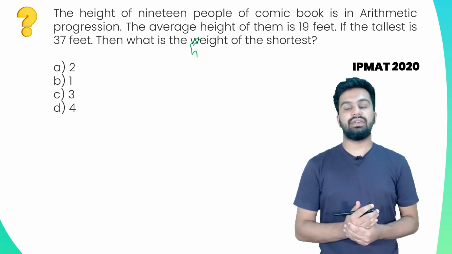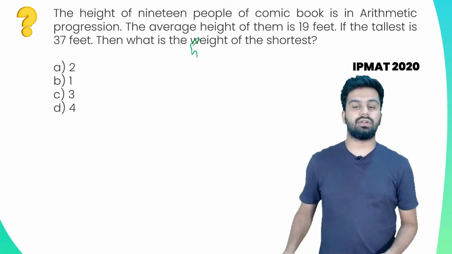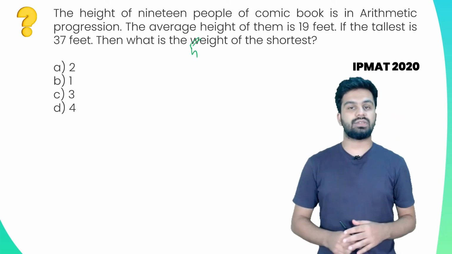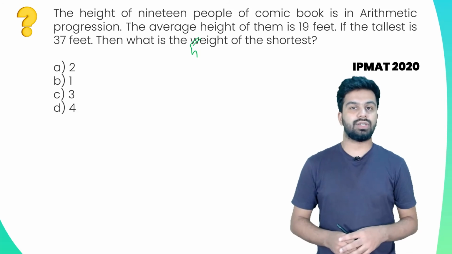Okay, now I'll give you 1 minute. We have learned average computing and different methods, നമ്മൾ explain ചെയ്തു കഴിഞ്ഞിട്ടുണ്ട്, properties explain ചെയ്തു തന്നിട്ടുണ്ട്, with arithmetic progression as an example.